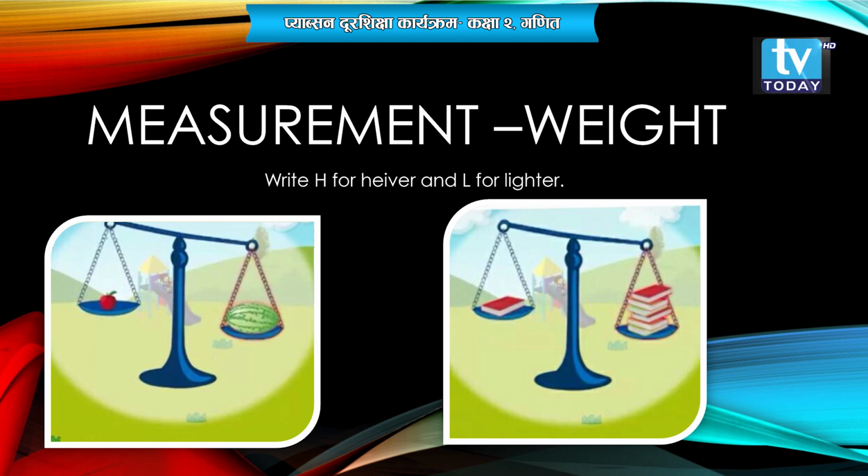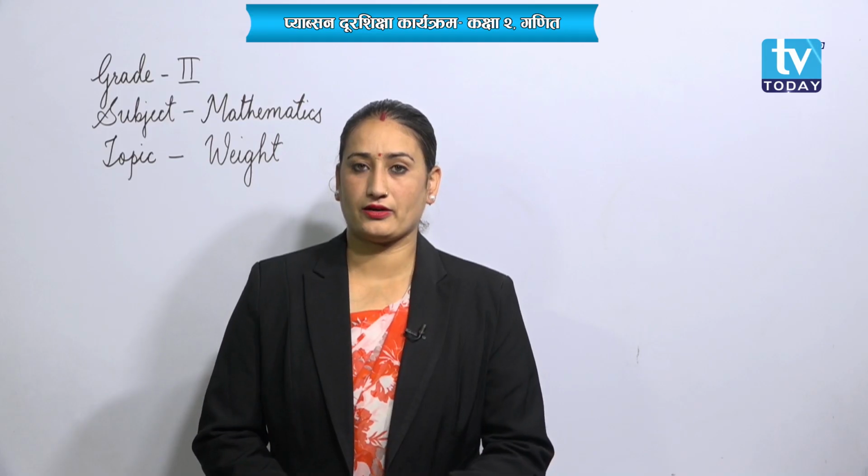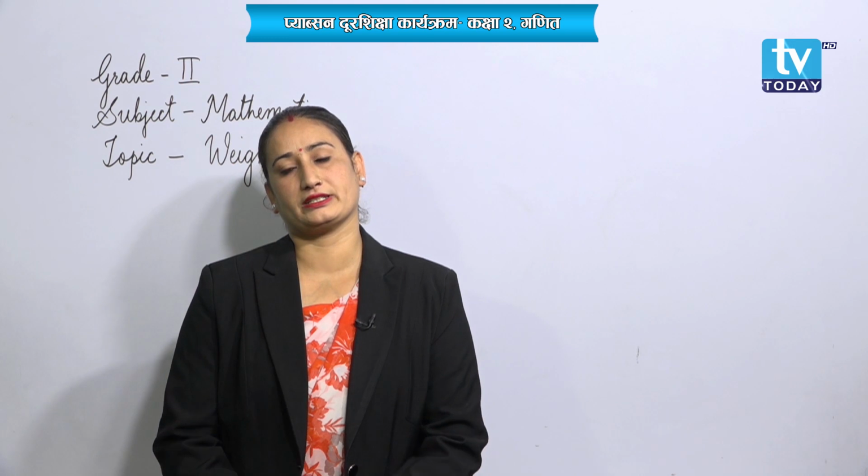Obviously, the side having 6 books, right? That 6-book side is the heavier, so you have to write H for it, and a single book is there, so you have to write L for it. Have you done? Okay.